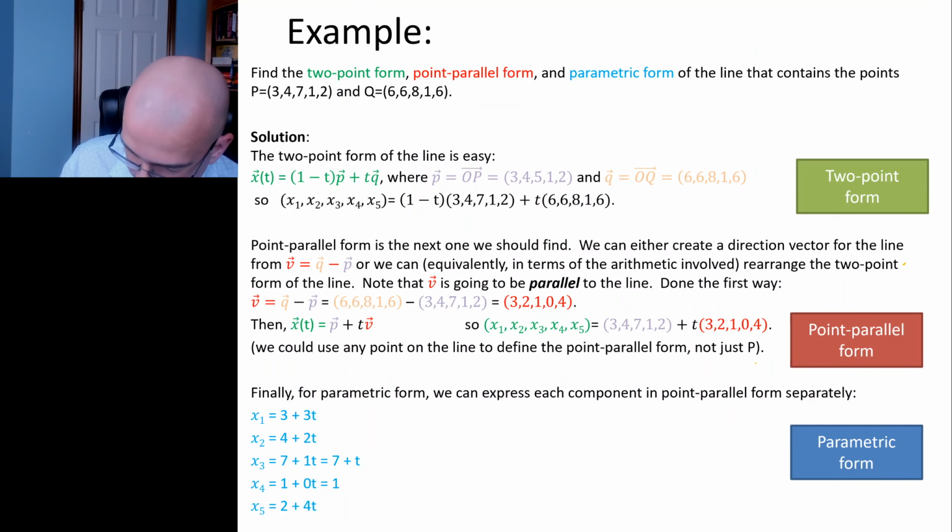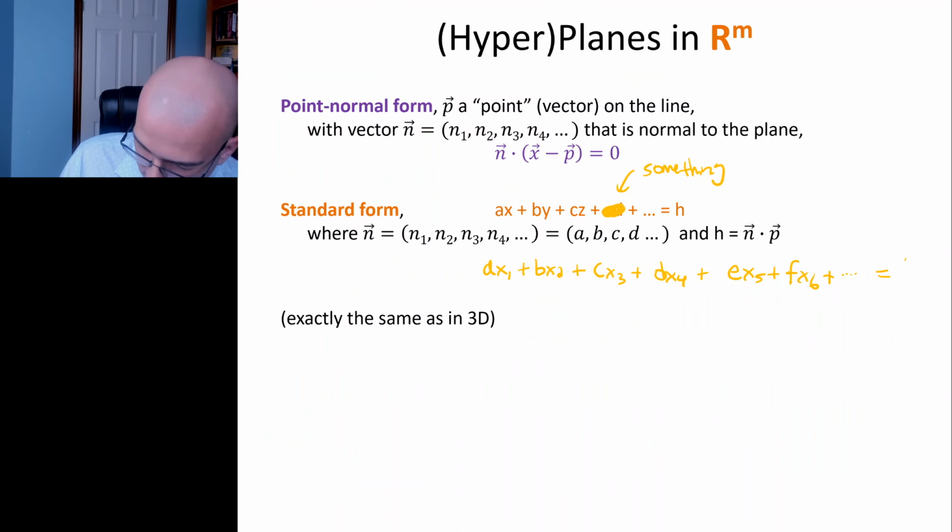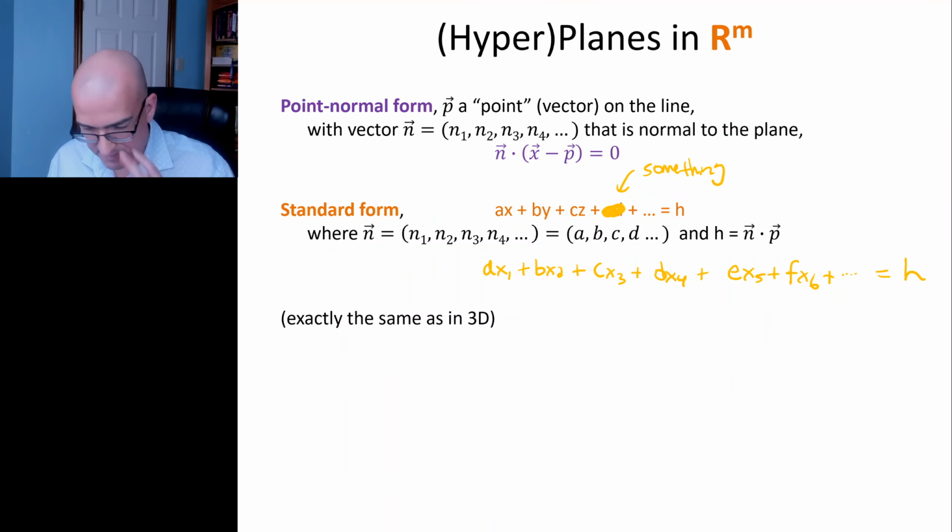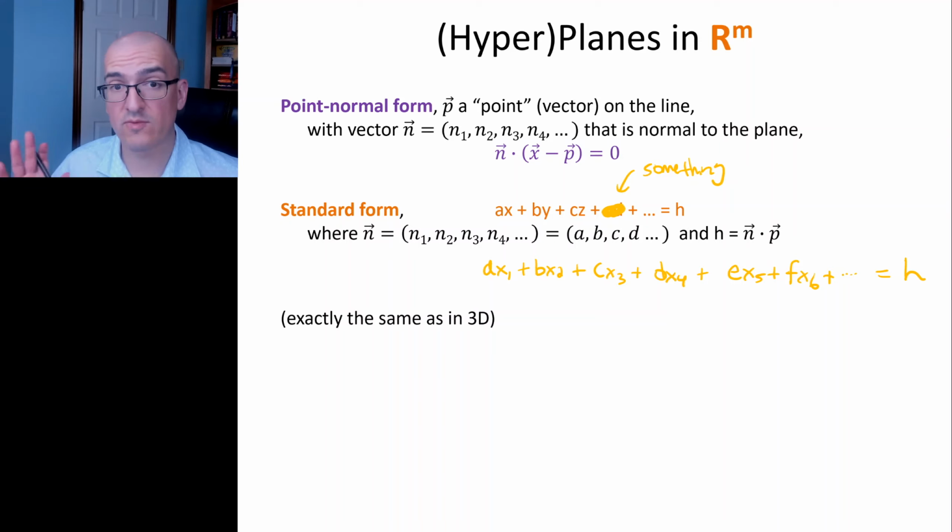I'll call it h. Where that constant at the end there, that h, comes from the dot product between the normal vector and a point on the plane. Or rather, a point on the hyperplane. My apologies.